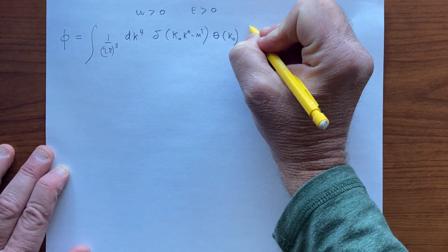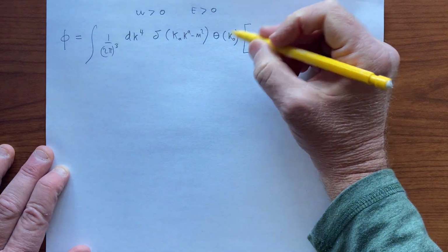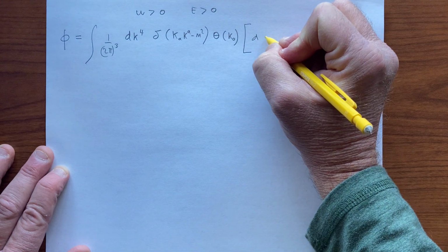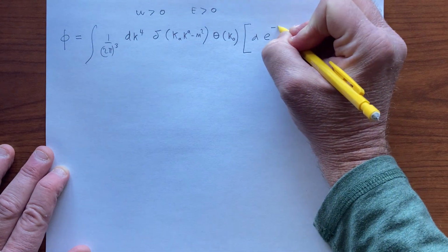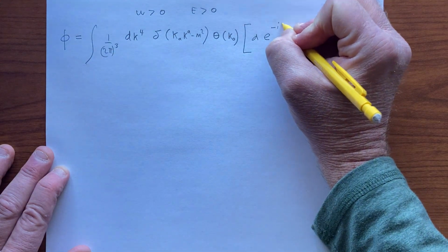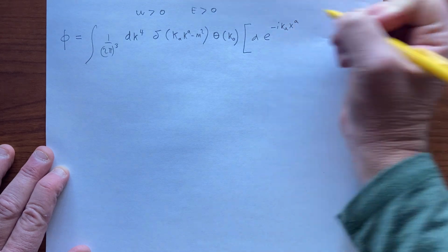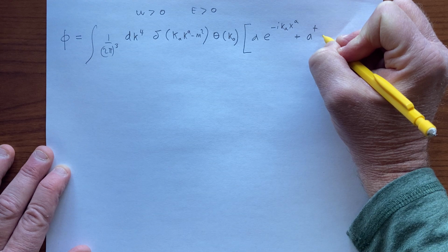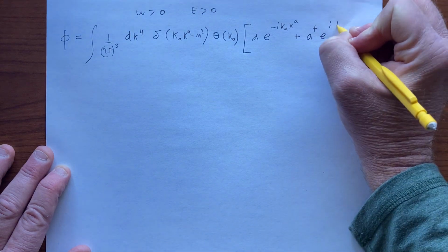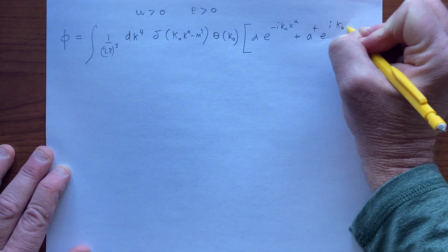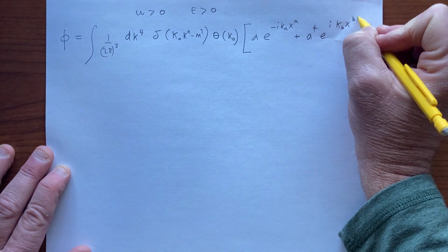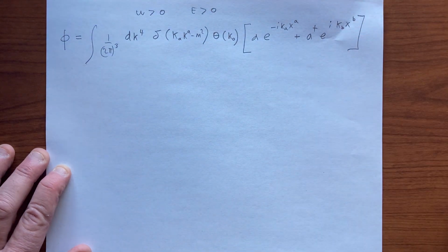So we'll write down what this step function is. e to the minus i k_a x^a plus a cross e to the i k_a x^a. I don't know, maybe we can change the index. It's just an index that we sum over.